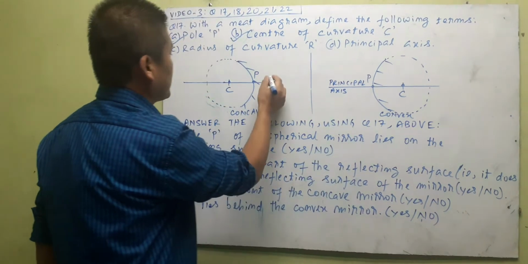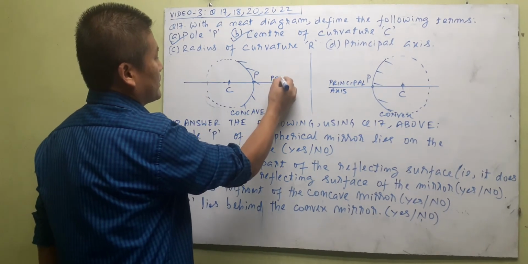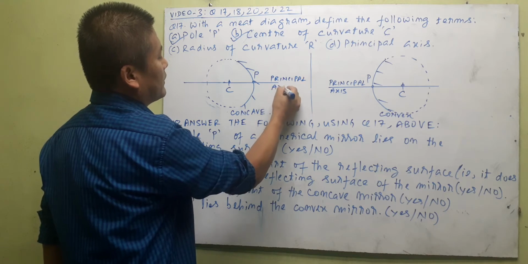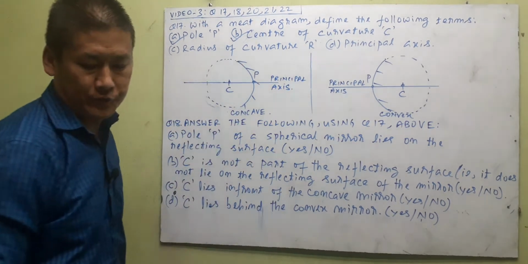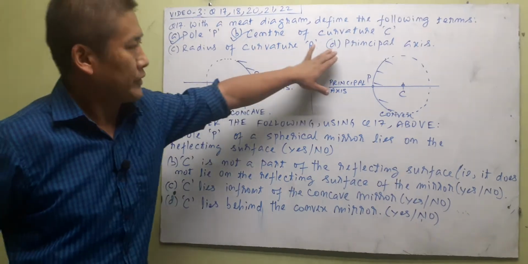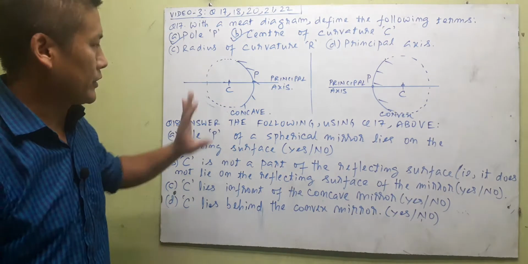So the straight line passing through C and P is called the principal axis. So we have learned 3 new terms so far: the pole, center of curvature, principal axis, and 1 more. So these are very important, okay?